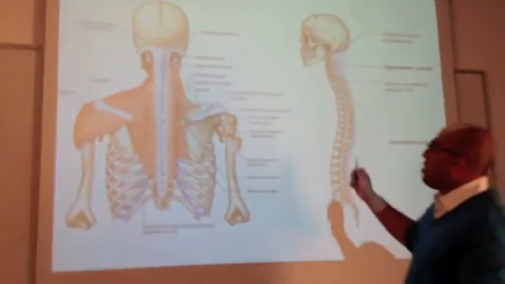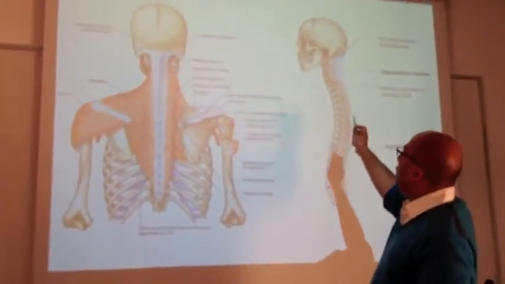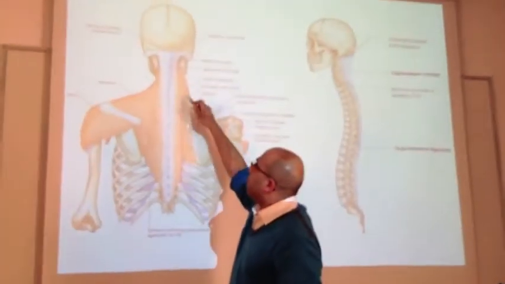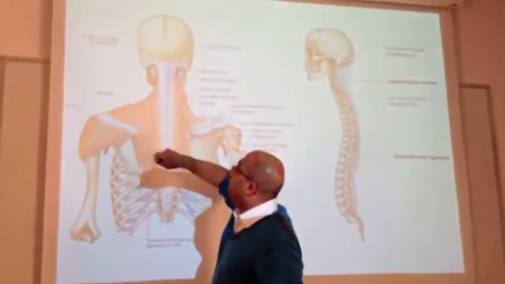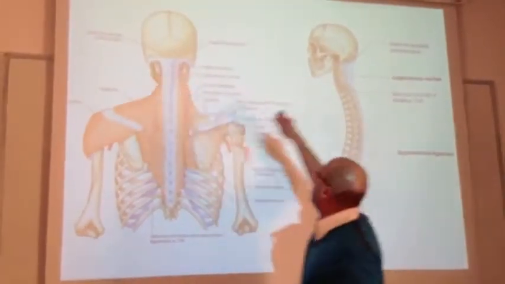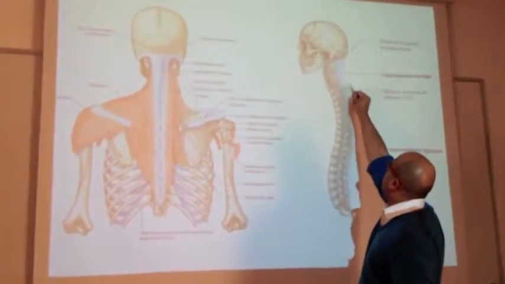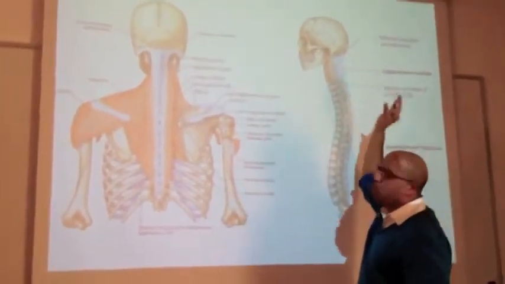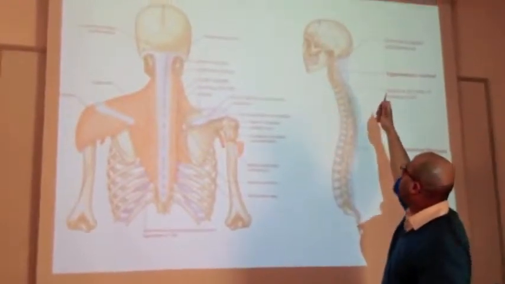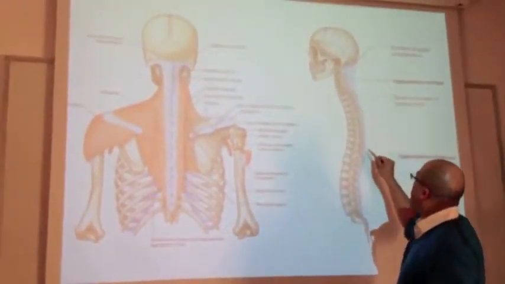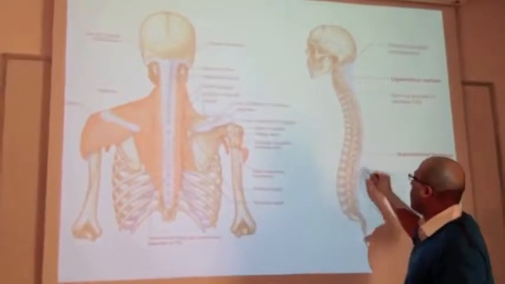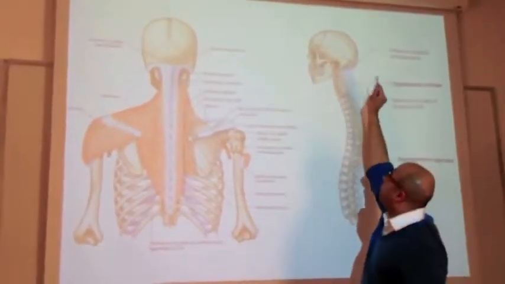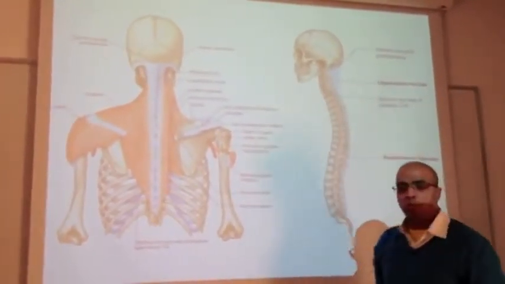So these 2 images show a few ligaments and muscles at the back, and this is basically how the muscles of the back join to the back of the skull. Okay? This here is the ligamentum nuchae, and it's a very, very broad, thick ligament, which is continuous with what's called the supraspinous ligament, one of the ligaments holding the spine together, and it attaches at the external occipital protuberance.